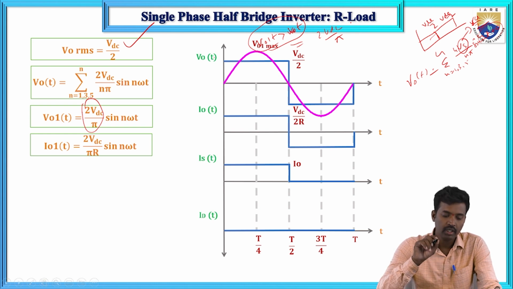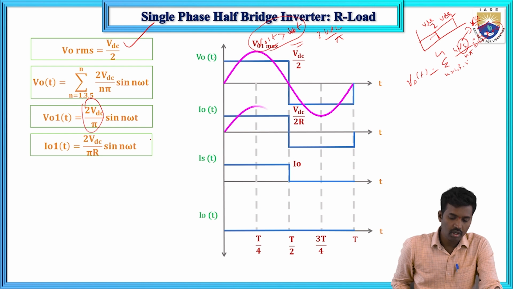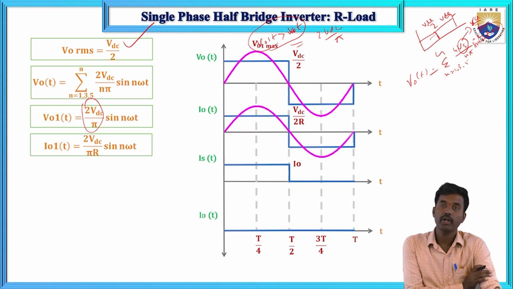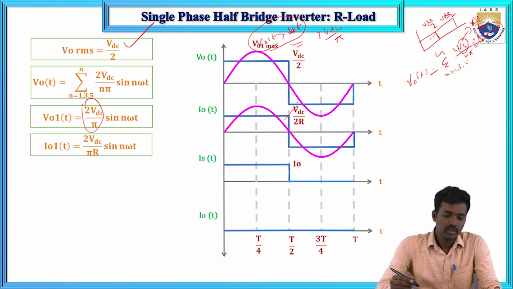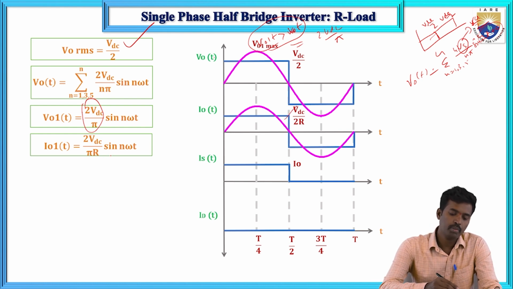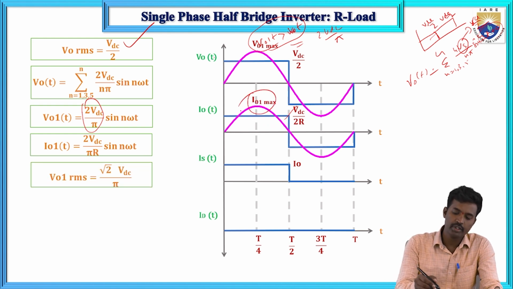Now I am calculating the current. Current means divided by R. So this is also the fundamental component of current, and it is 2 VDC by pi R sine n omega t. Now if you calculate the RMS value, this is the maximum output current.